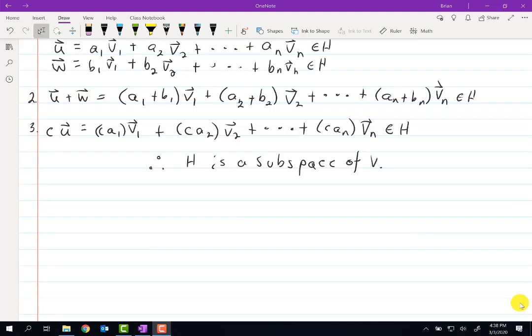First example that I want to do to use this theorem goes like this.